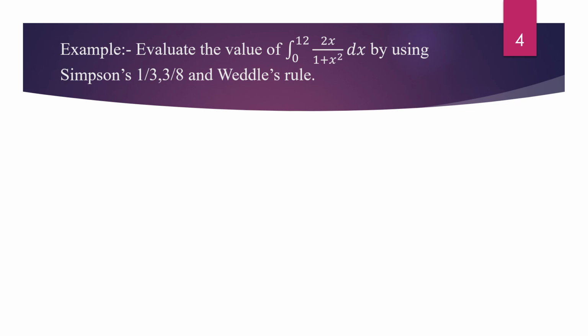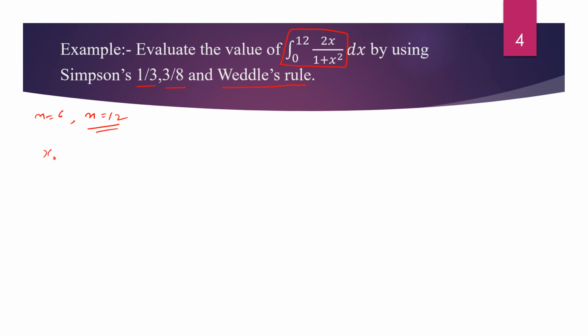Now this is the question. You have to evaluate this integration from 0 to 12 by using Simpson 1 by 3, 3 by 8 as well as Weddle's rule. To use these three formulas, either you have to use n equal to 6 or n equal to 12. I recommend you use n equal to 12.